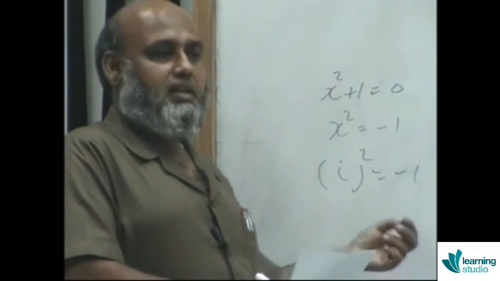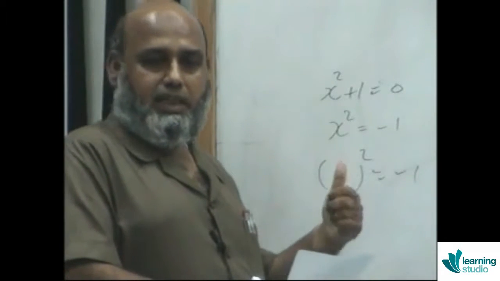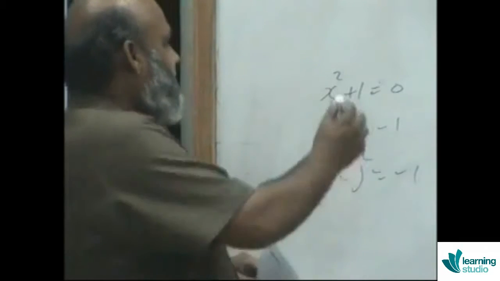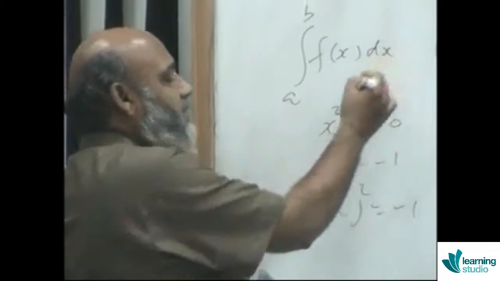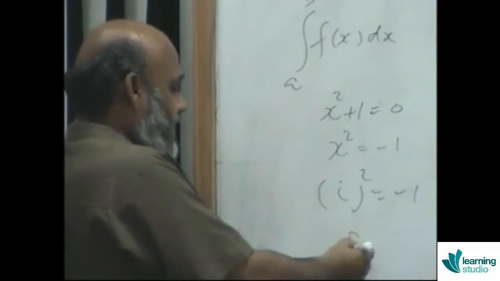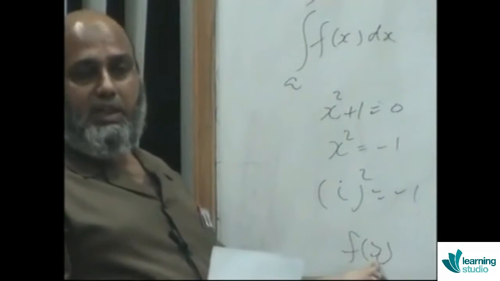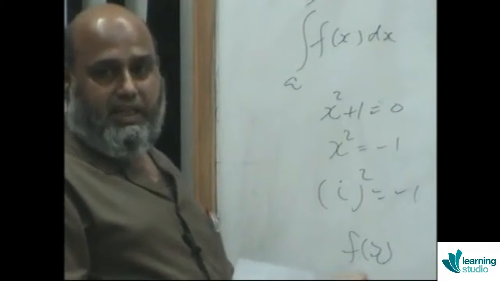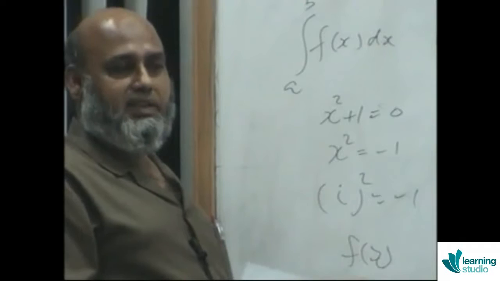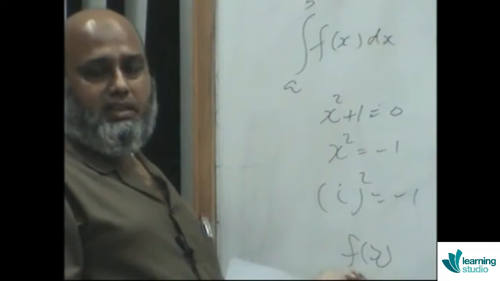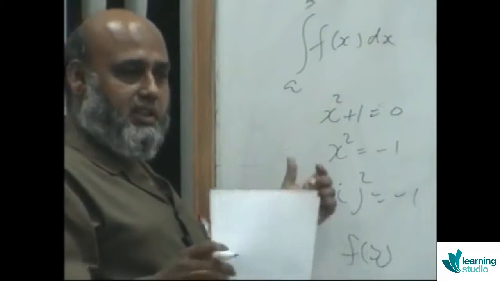subject. Okay? Differentiability, continuity, then uniform continuity. For example, in real analysis we have this type of integral, and instead of this, if we have f of z, meaning a function depending upon the z variable, then how can we integrate this function, how can we differentiate this function, how can we represent this function in terms of a Taylor series or some other series, and similarly other things associated with this type of function.